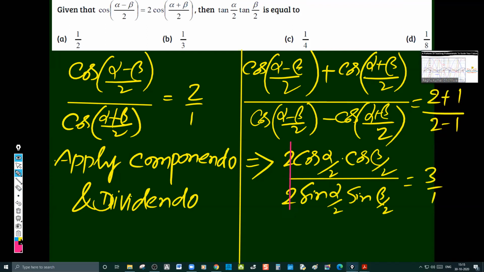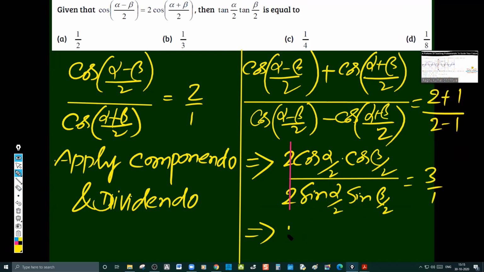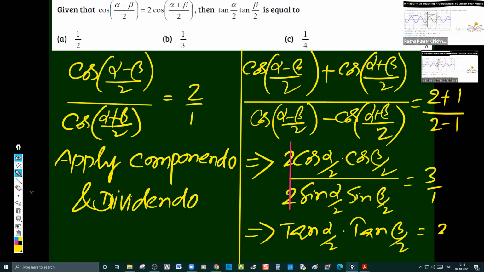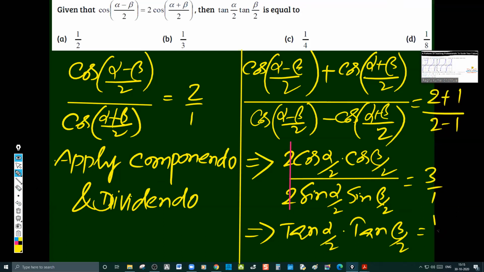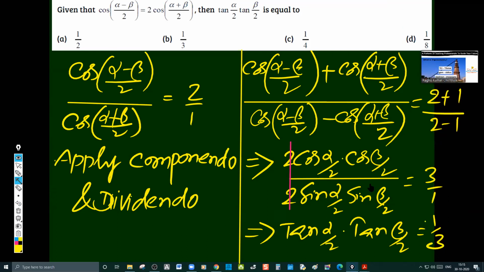So that is tan alpha by 2 into tan beta by 2. Cross multiply, it is equal to 1 by 3. That's it. That's the first option. First option or second option? Sir, second option.